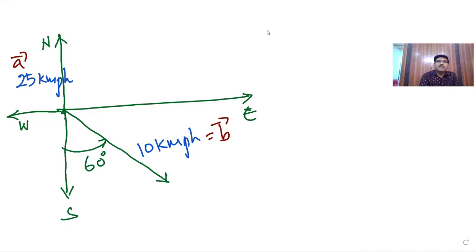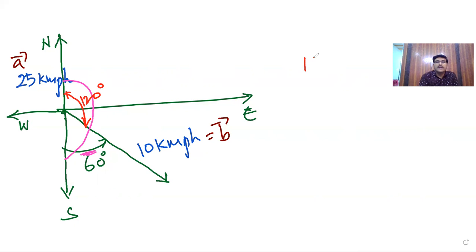What is the angle between them? The angle between these two vectors. Total angle from ear to ear is 180. Out of 180, if I deduct the 60, the angle between them is automatically 120 degrees.